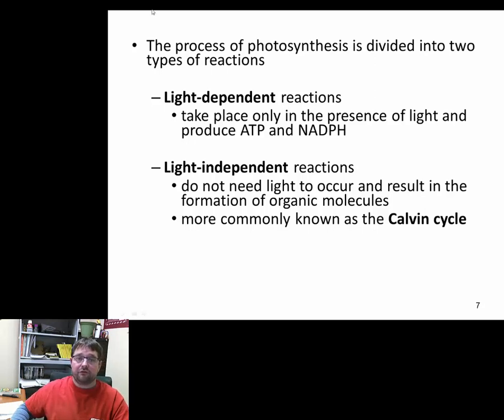Instead, it's using the products from the light-dependent reaction to drive products that are built in this reaction. This is also known as the Calvin cycle, and it's just the production of carbohydrates by utilizing energy that has been produced during the light-dependent reaction.